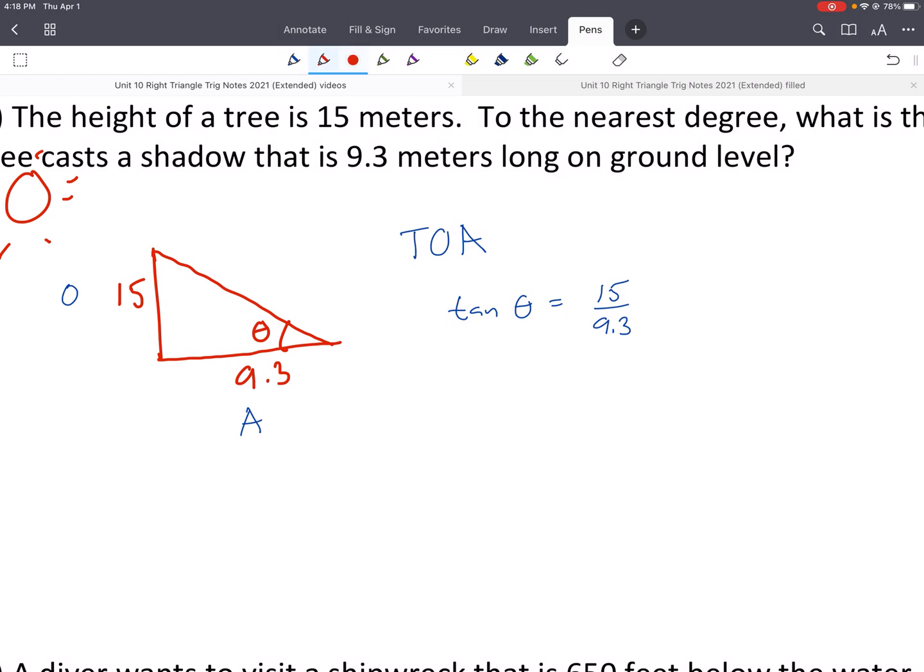So again, to cancel out a tangent, we need to do a tangent inverse. We'll plug that into our calculator and get theta is approximately equal to 58.20 degrees. Make sure you mark the degrees, that we're talking about degrees.